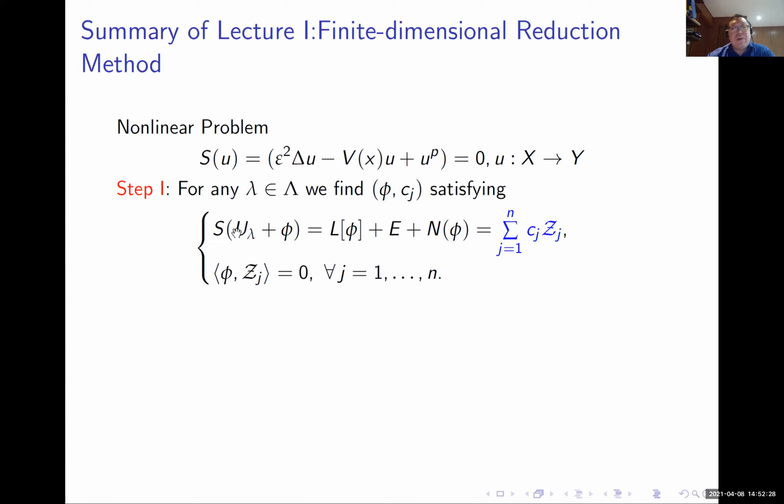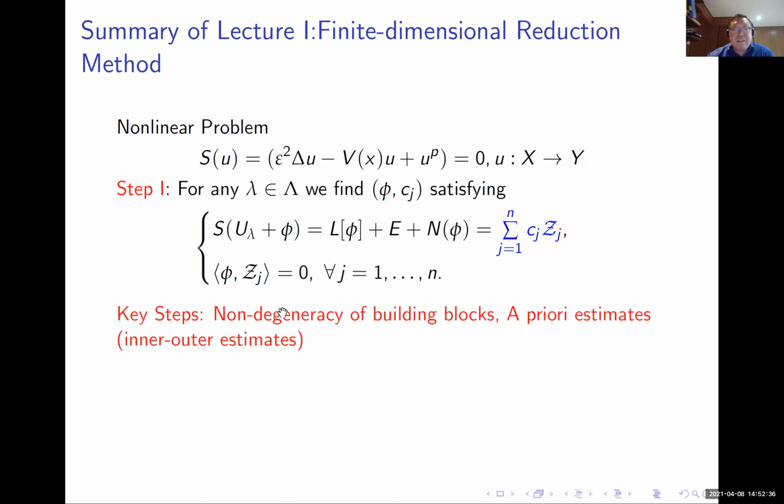First, we solved the problem up to some Lagrange multiplier, with some orthogonality condition. We solved this by using the fact that our building block is non-degenerate. This is very important. Then we derive some upper estimates, both inner and outer estimates for the problem. And the existence will follow from the upper estimate.